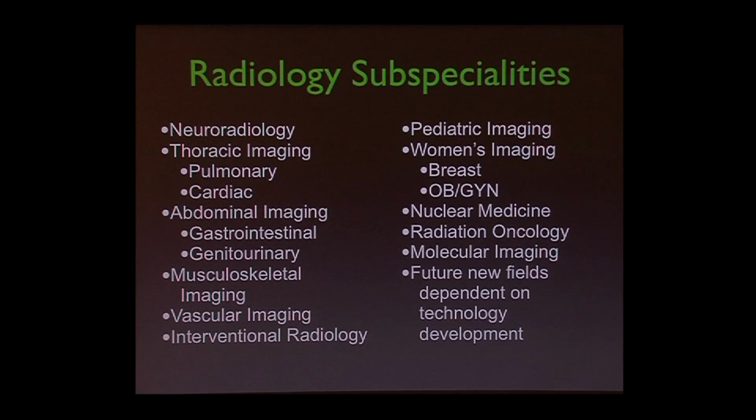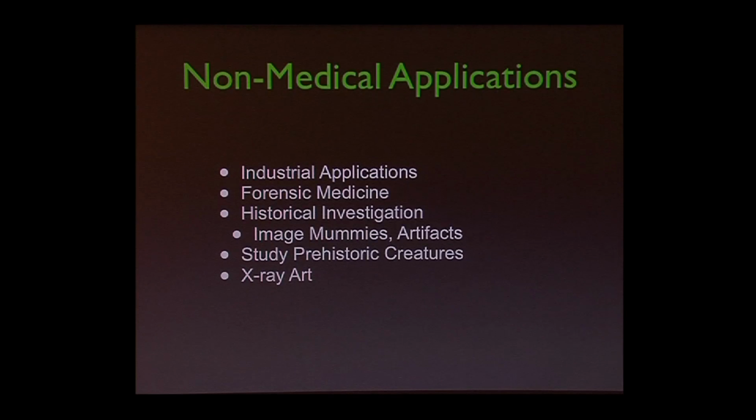We can subspecialize, or people can be general radiologists and do a lot of things. And then, as I mentioned, these other applications of the same tools that we use in medical imaging can be used to image mummies, to find out what happened to them, what's inside, what diseases they have, et cetera, and even prehistoric creatures.